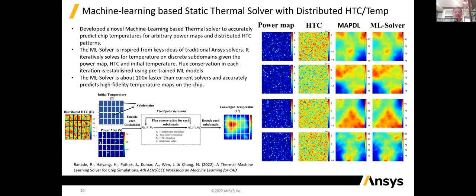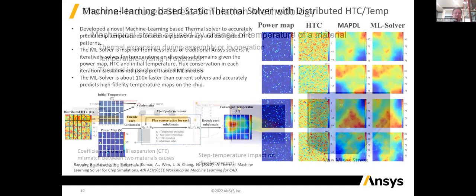On the right, you can see that compared to MAPDL, which is ANSYS Mechanical with ML solver, we get a pretty good result, and we can be 100 times or more faster compared to the finite element method.